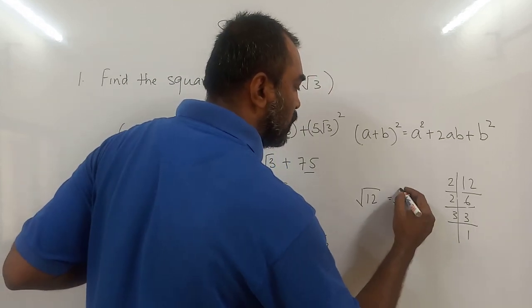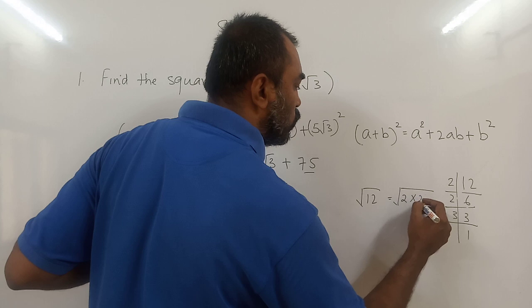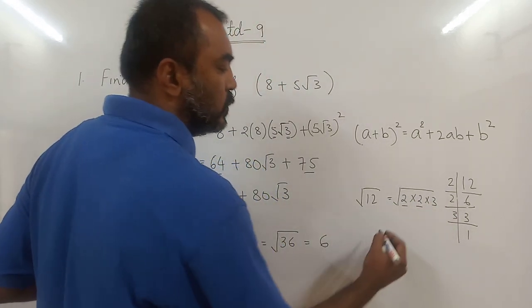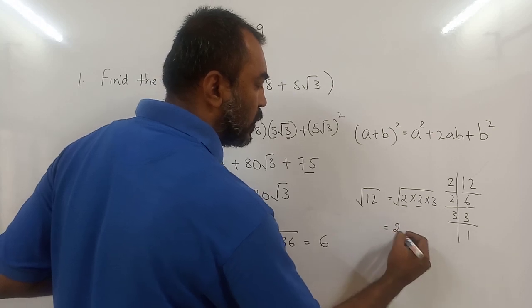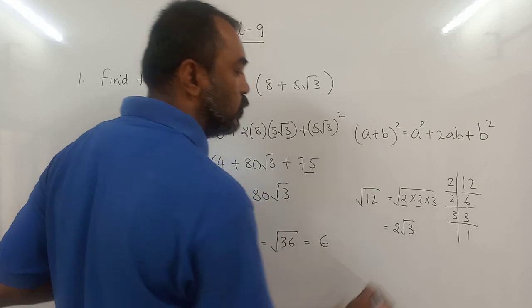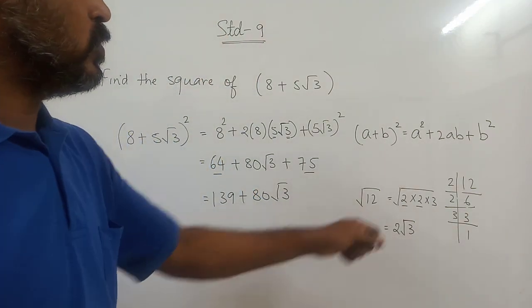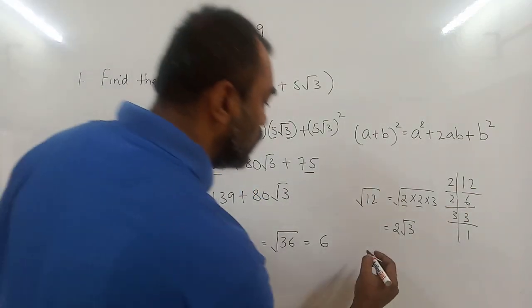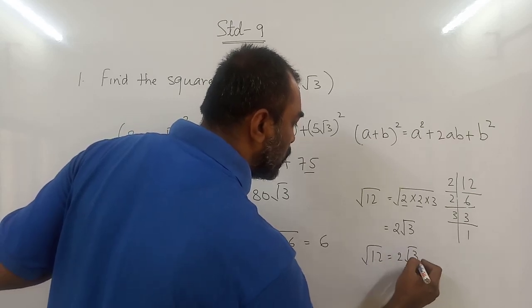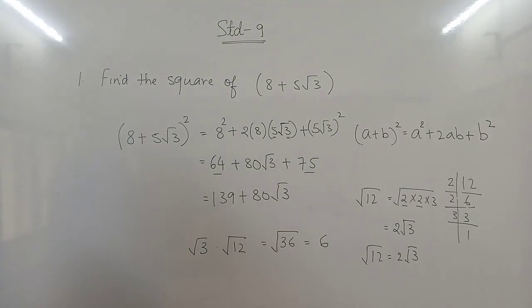So root 12 can be written as root of 2 into 2 into 3. This 2 and 2 form a pair, so you can take the pair outside the square root and you get 2, and 3 does not have a pair, so we write root 3. So root 12 is also 2 root 3. Remember, root 12 can also be written as 2 root 3. They have the same value.